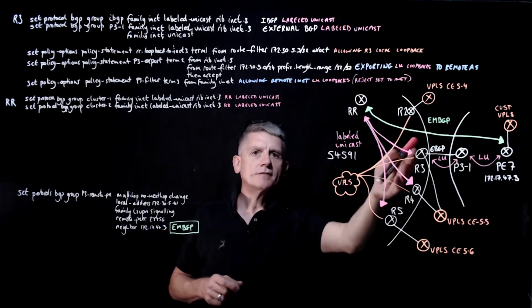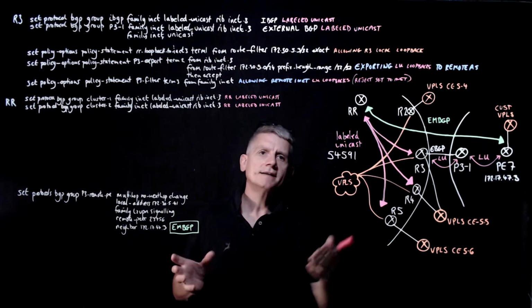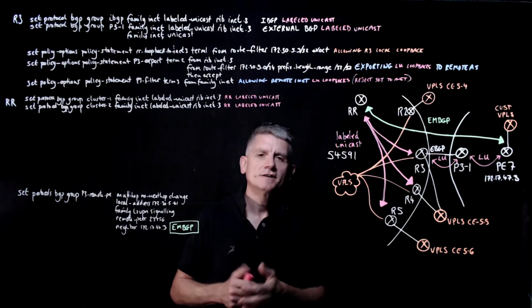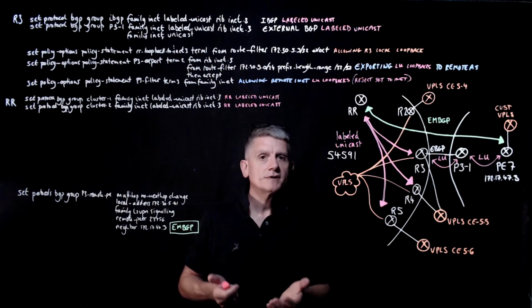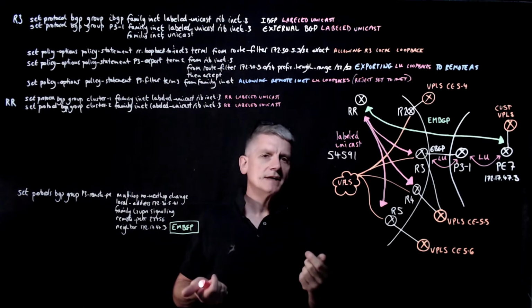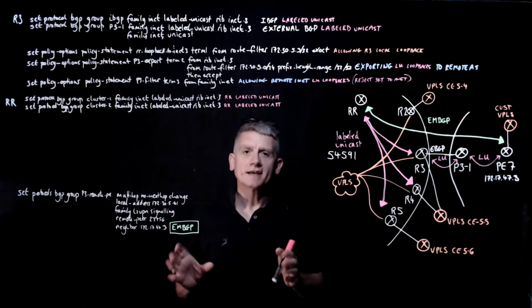Now, router 3 is both a PE in the VPLS and it's our external BGP peer to P3.1. So it's doing both. Router 3 has in its inet.3 table all of the PEs, but the reason it has them is because each of those PEs are destinations of a tunnel, an LSP.